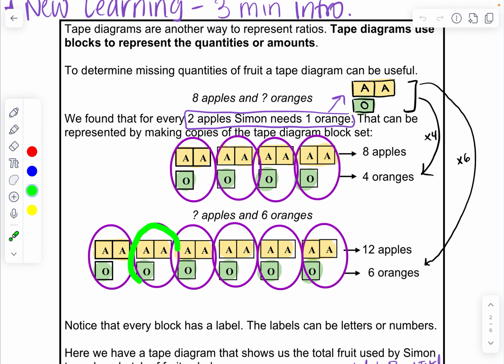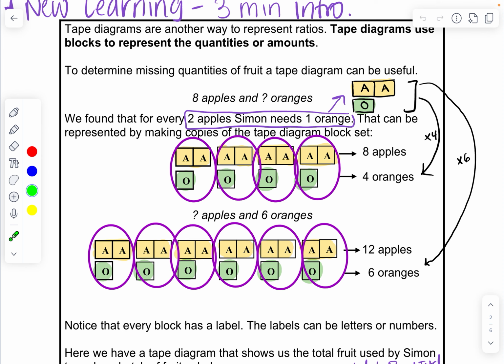If I make a copy, now I have 2 oranges, 3 oranges, 4 oranges, 5 oranges, 6 oranges. Here are my 6 oranges based on my copies. Once I have 6 oranges, that means altogether I also have 12 apples.